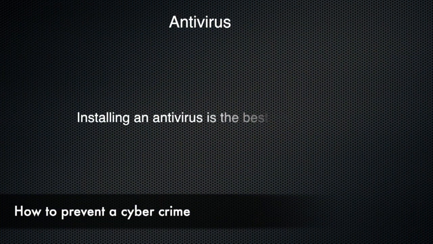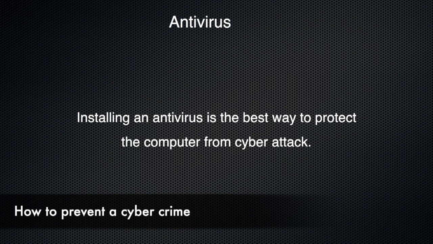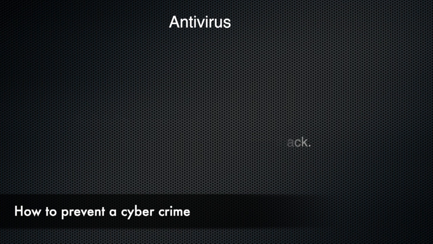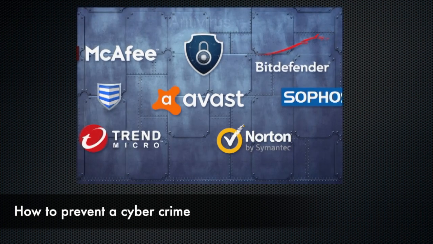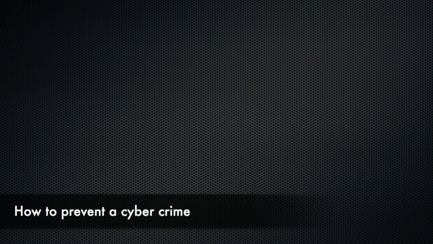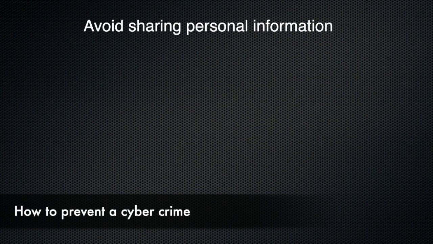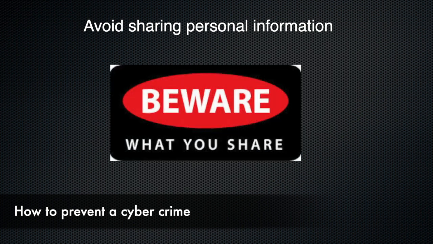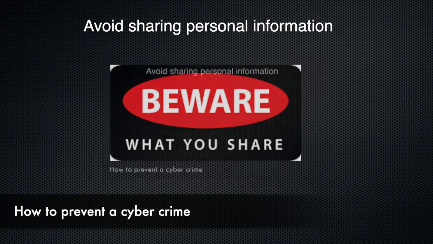Antivirus. Even a simple antivirus can protect us from a lot of cyber attacks. There are special software which are designed to protect and safeguard our device from attacks. Avoid sharing personal detail. Never should a person share sensitive details about themselves.